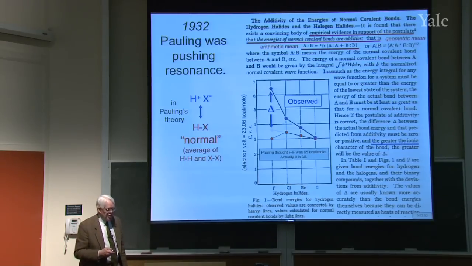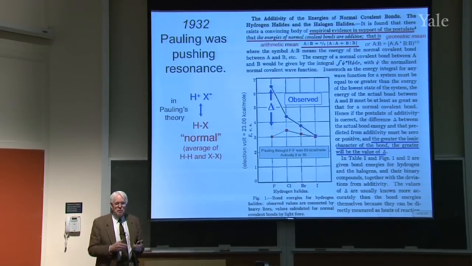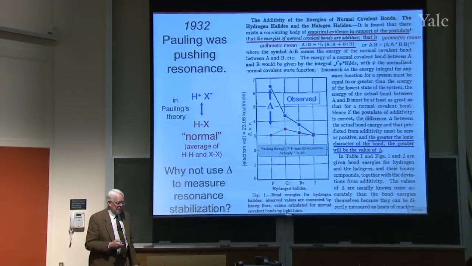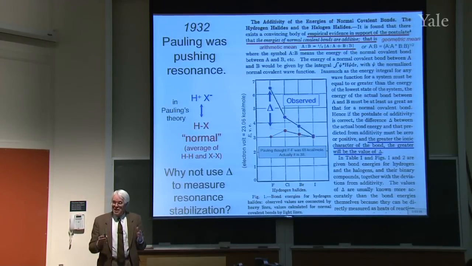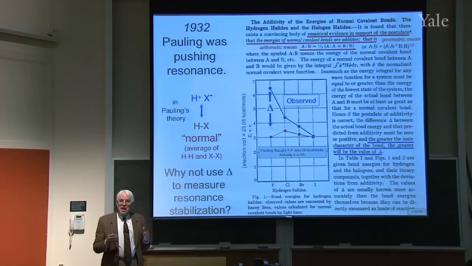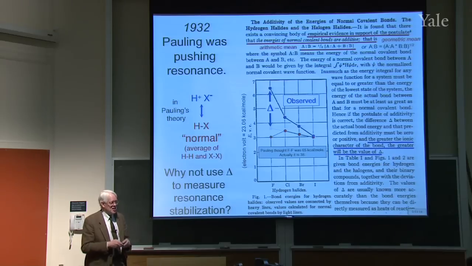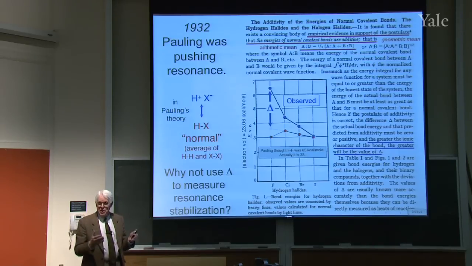And what he says here, the greater the ionic character of the bond, the greater will be the value of delta. Okay? So the neat idea now is we could use delta, which is based on experimental numbers, as a way to measure how important resonance is, right? So you can measure resonance stabilization by delta if you adopt his assumptions that normal bonds are the average, right?